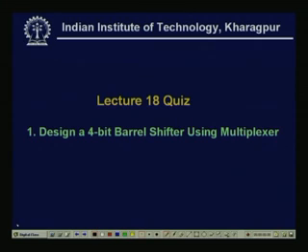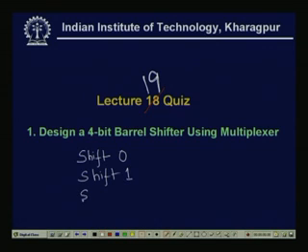This is our lecture 19 quiz: design a 4-bit barrel shifter, where the shifts are shift 0, shift 1, shift 2 and shift 3.